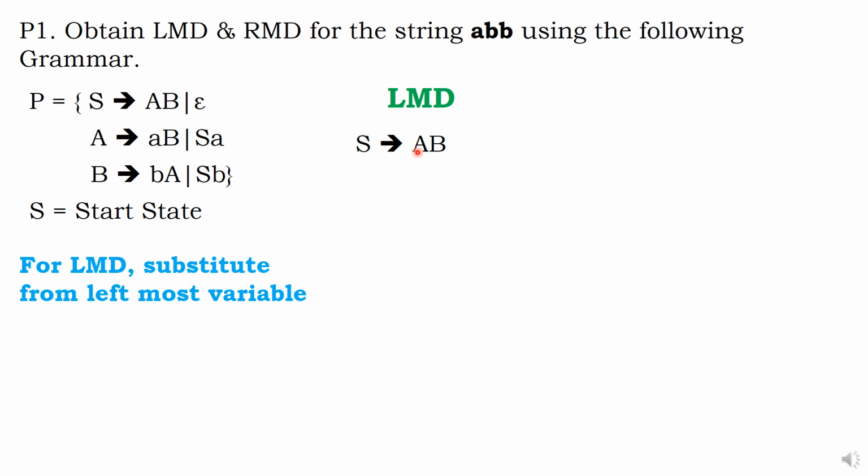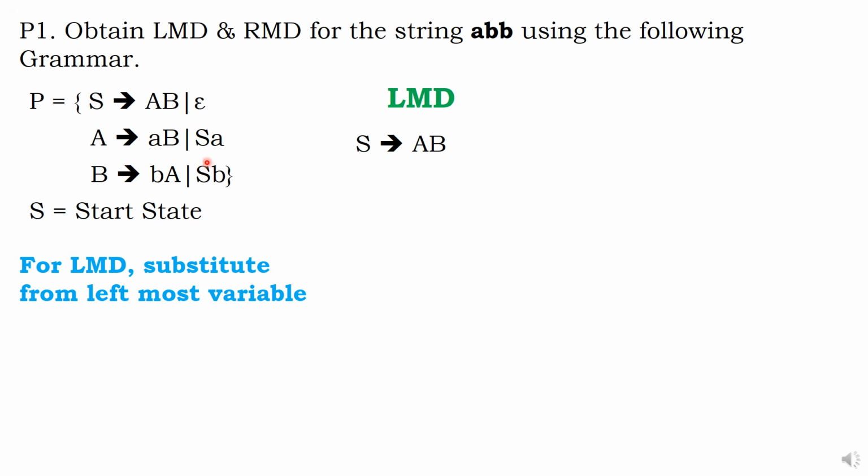Carefully see. This A I can replace by AB or SA. What I should do? You think. This is your answer. If you replace this A by this one, then I hope AB is better. Am I right? If you replace this A by AB, I can go to the next step. Then what you should do? You start guessing.